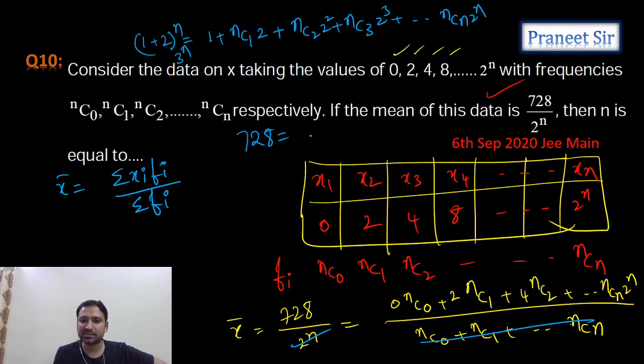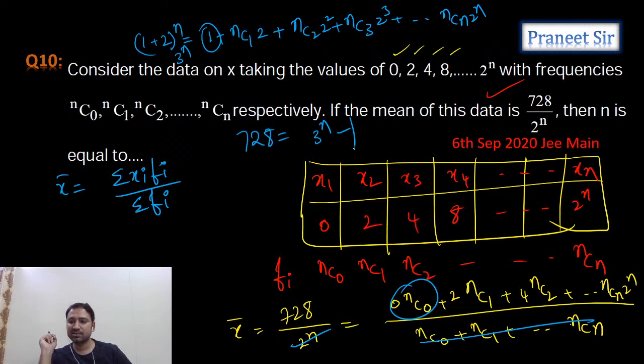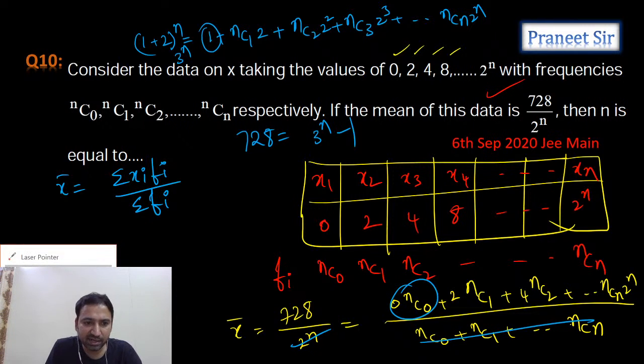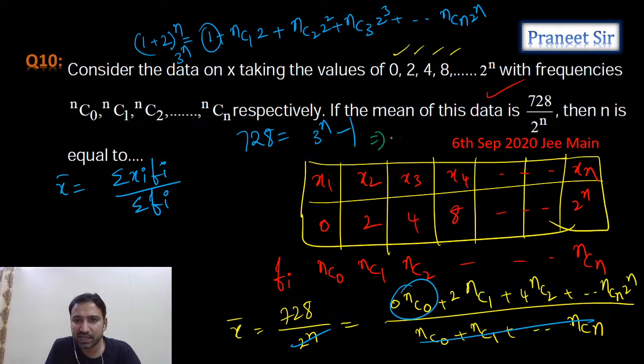So this whole thing is 3 power n. But here 1 is not there; in place of 1 we have 0. So can I write it as minus 1? It is equal to 3 power n minus 1. From this, 3 power n is equal to 729.